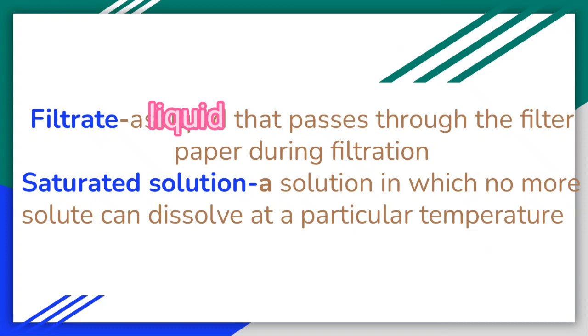Whatever is solid from the mixture will remain trapped by the filter paper, and the liquid will pass through into the other container. Therefore, whatever passes through that filter paper during filtration is the filtrate. We shall talk about filtration in detail.